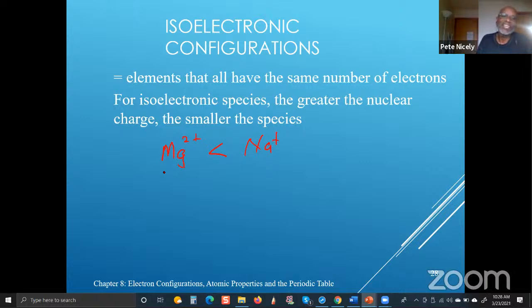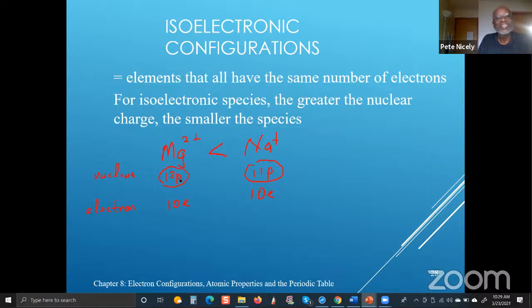Because in the nucleus of each of them, the magnesium ion will have 12 protons, while the sodium ion will have 11 protons, but the number of electrons will be the same. The number of protons will be different in each case.